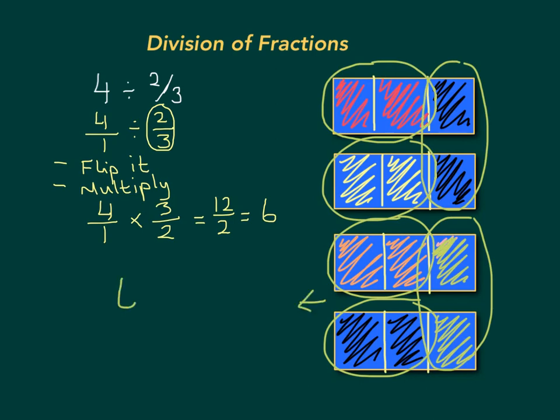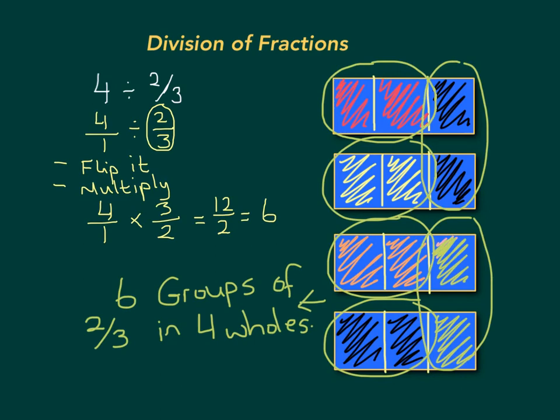We have 6 groups of 2/3 in 4 wholes. Or we can say that 4 divided by 2/3 equals 6.